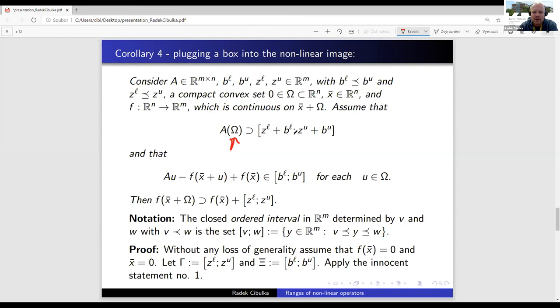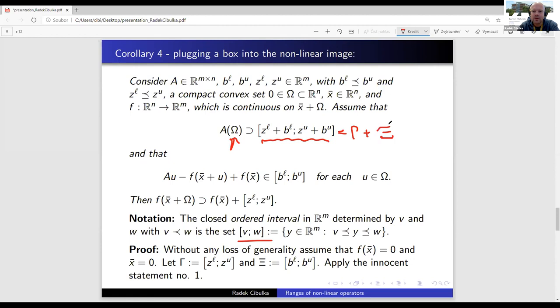And here, this means that you have a box with some endpoints. So the definition of the ordered interval is here. All the inequalities are coordinate-wise. So this is precisely that you have gamma plus the error.